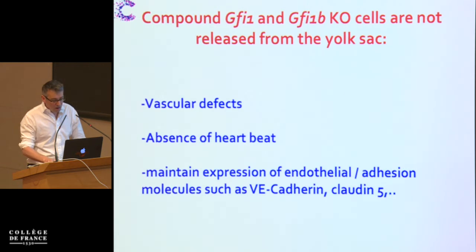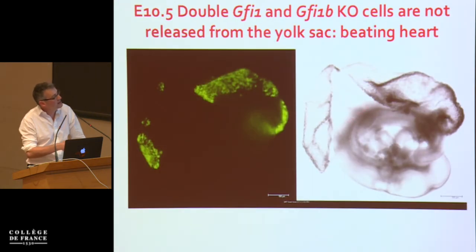We can interpret this observation in different ways. Perhaps there is a vascular defect in this double knockout, but we did CD31 staining and we don't see a vascular defect. The other possibility was an absence of heartbeat in this embryo, and that's not the case, because this is the same embryo, you can see these cells are stuck, but we have a heartbeat when we dissect this embryo.